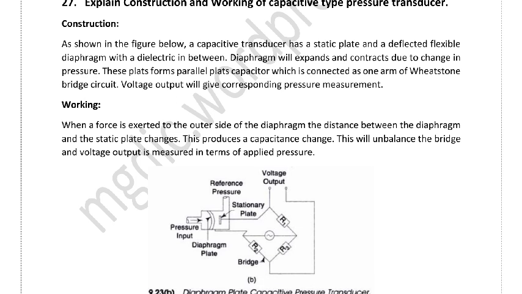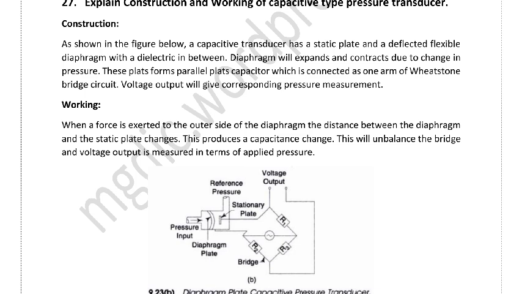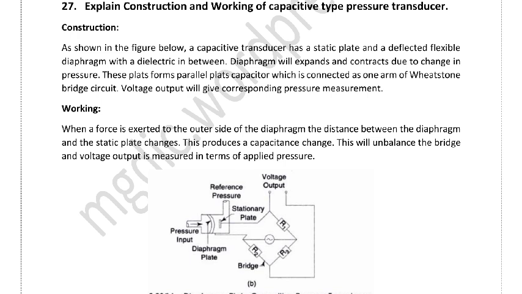One static plate and these plates form a parallel capacitor, connected to the Wheatstone bridge. The whole setup is connected between the Wheatstone bridge arms, and the output voltage will give the corresponding pressure. According to this, the galvanometer reading will change.